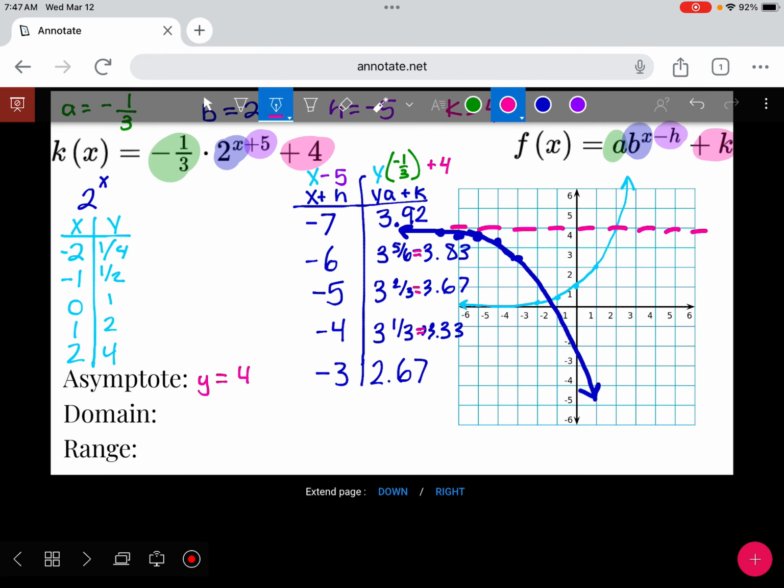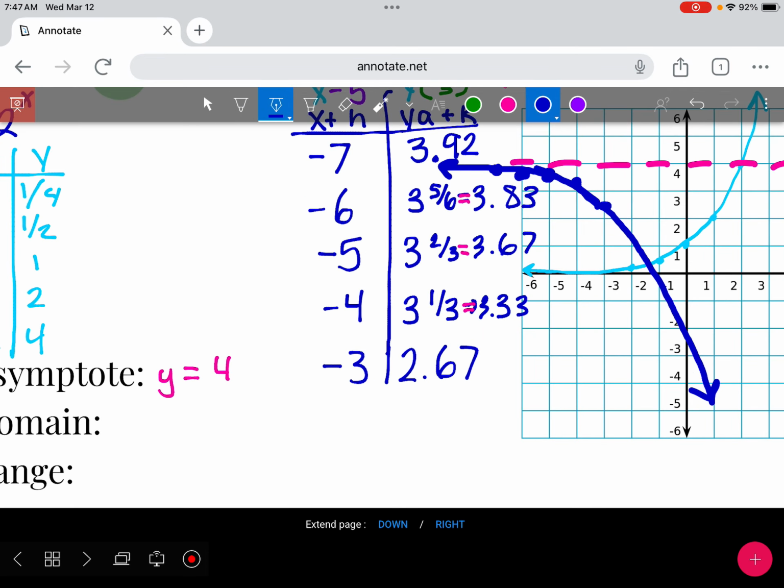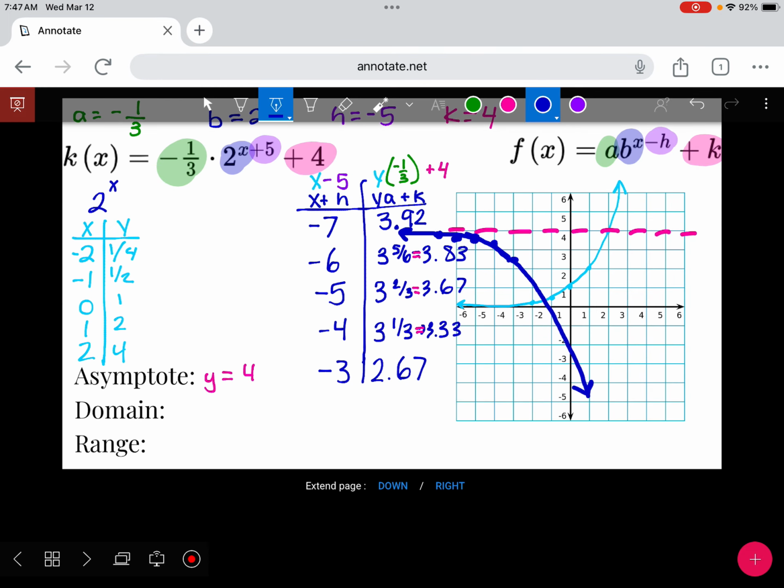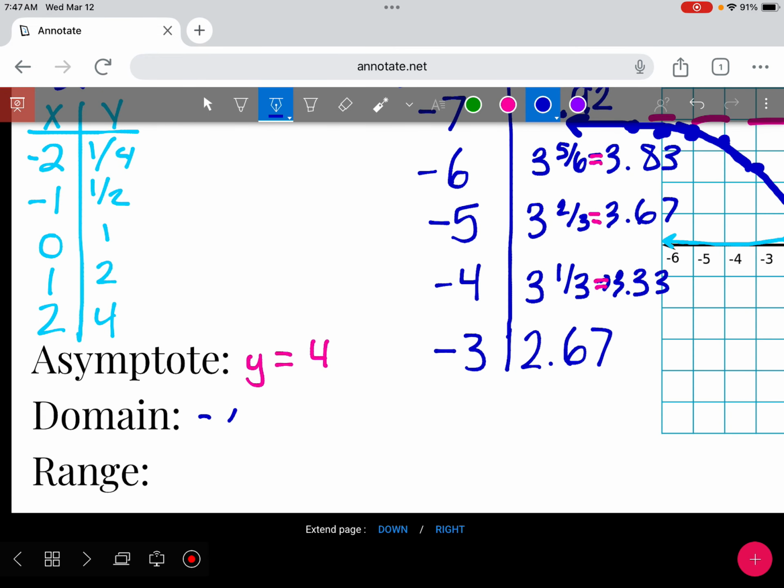So what's our domain on our transformed function on our dark blue graph, or k of x? What's our domain? Negative infinity to positive infinity. It will be that every single time for exponential functions.